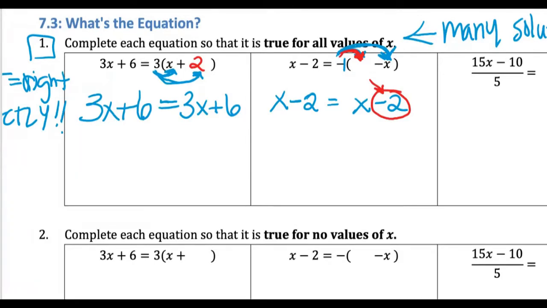What times -1 is going to get me a -2? Hopefully you said 2. Let me clean this up a little bit. So again, -1 times -x is x. -1 times +2 is -2.